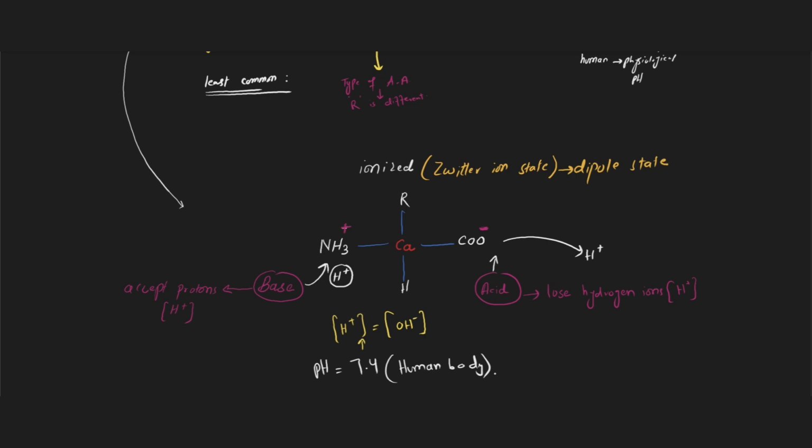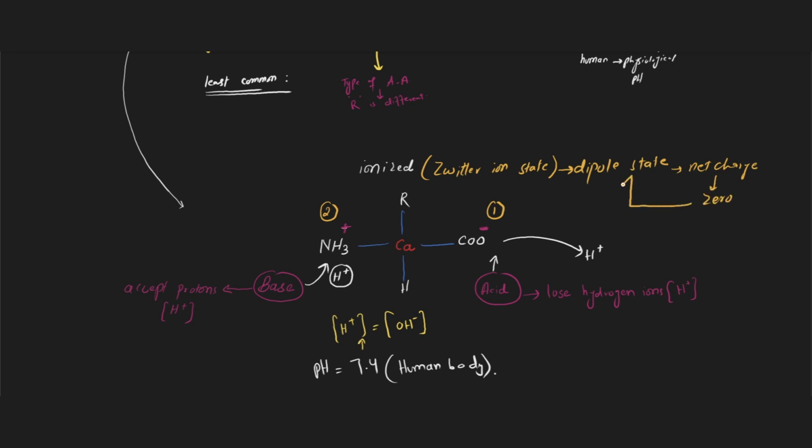Because in this amino acid, one negative pole and one positive pole are created. And as the negative charge and positive charge are equivalent to each other, the net charge on the amino acid would be 0.